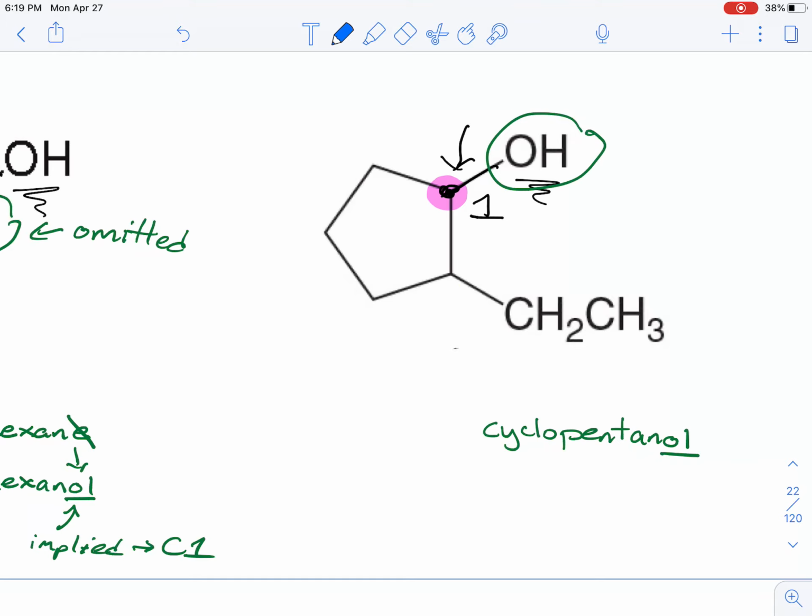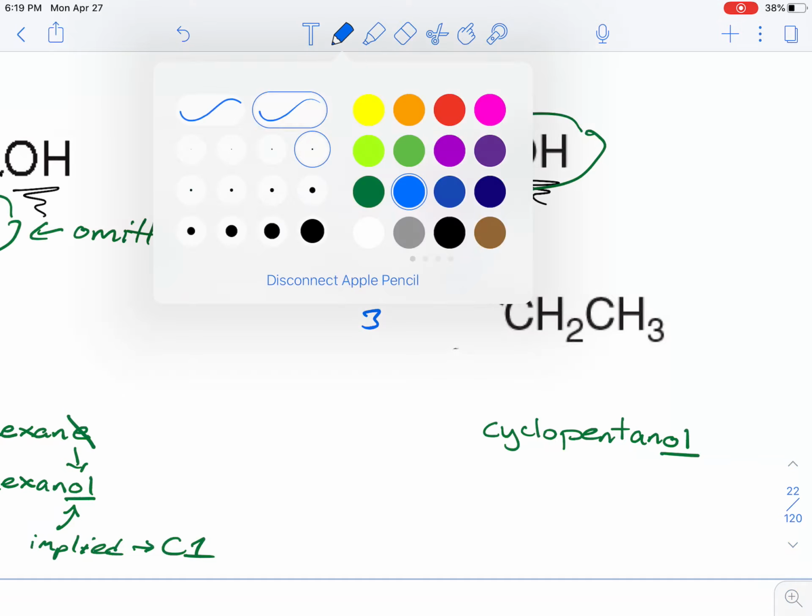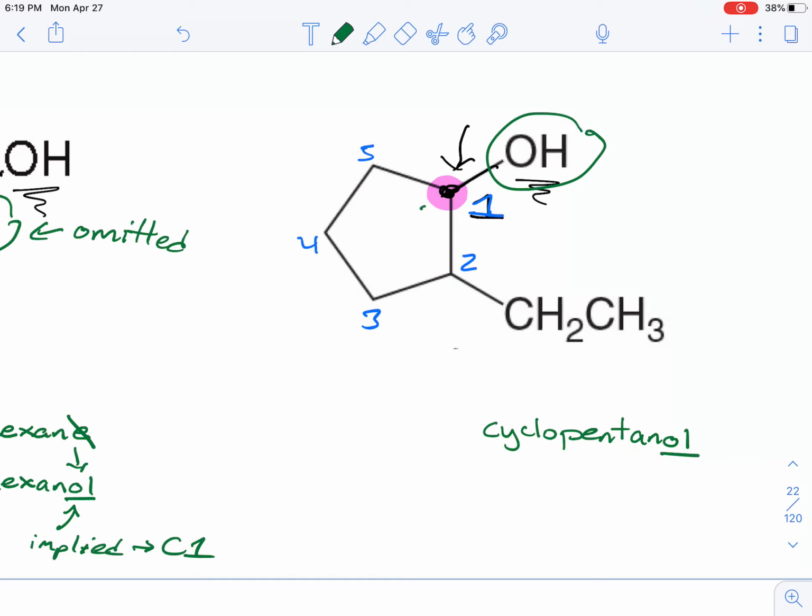So 1 is here, then this is 2, 3, 4, 5. And if I go counterclockwise, I have 1, 2, 3, 4, 5. Looking at the two different numbering systems, notice that 2 is less than 5. Therefore, the counterclockwise numbering system for this example is incorrect.